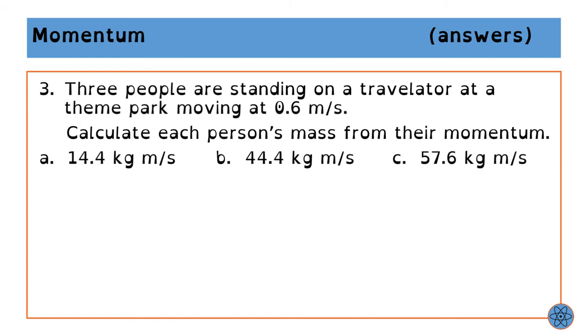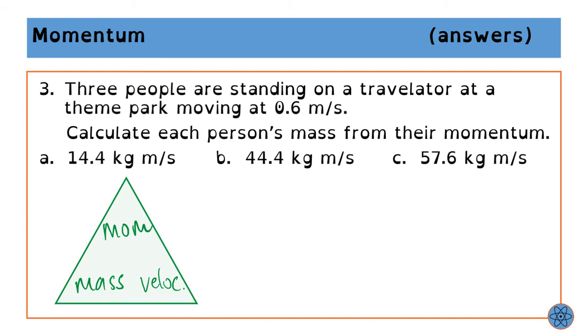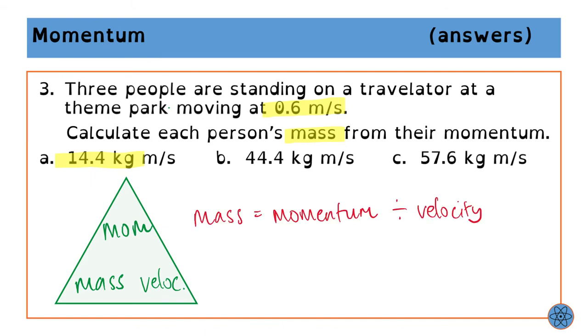In part 3, again, we need to use the equation to rearrange it. So we've got momentum, mass and velocity in our triangle as before. Let's highlight the key things that we need to know. So in order to calculate the person's mass, we need to know mass equals momentum divided by velocity. And we can put our numbers in. So we know that the momentum is 14.4 and our velocity is 0.6.